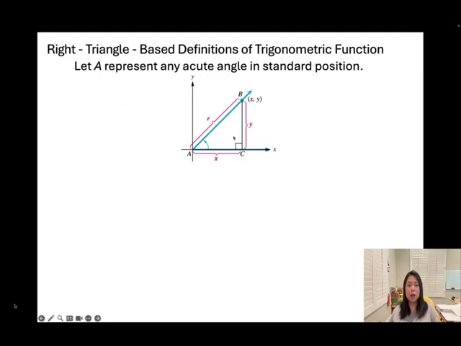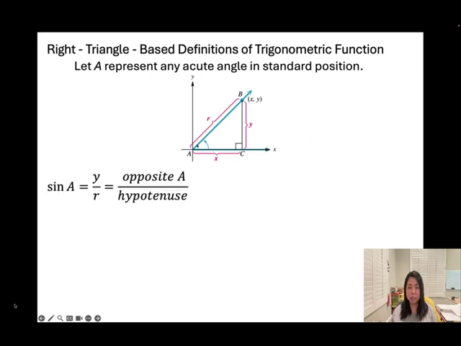Okay. If I put my right triangle into rectangular coordinates, I still have the angle A here, and we have a coordinate (x, y) here. The adjacent side of A will be x, the opposite side of A will be y, and the r here will be my hypotenuse.